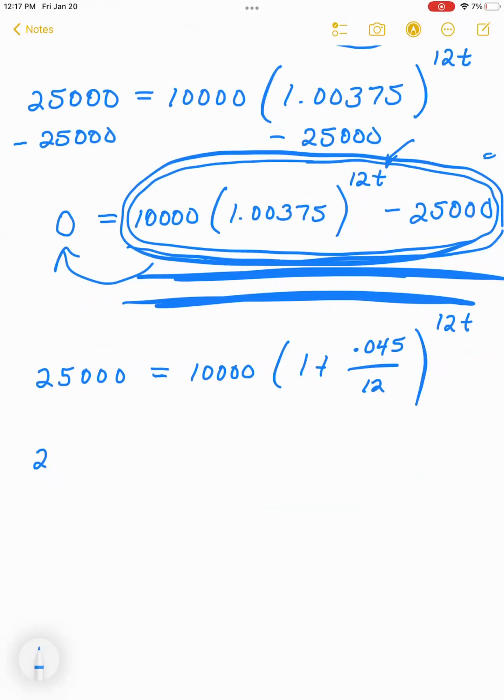And then, we could simplify it a little bit so that I don't have to punch in all this on my calculator. So let me simplify what's inside the parentheses there. We know that that's 1.00375 to the 12t power. Okay, so there's my equation.